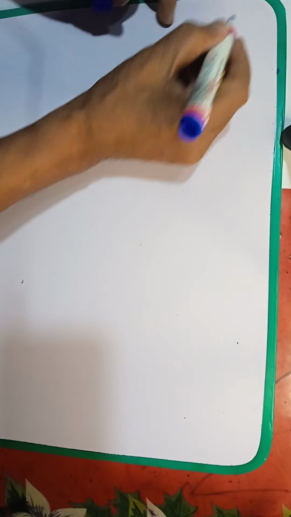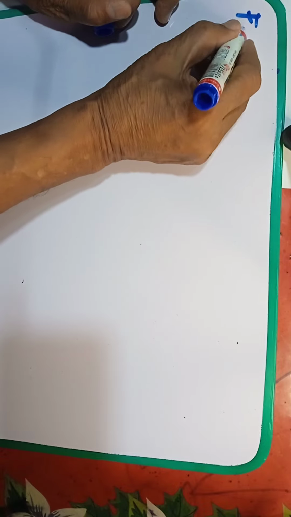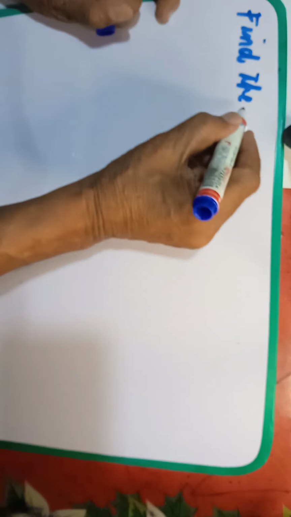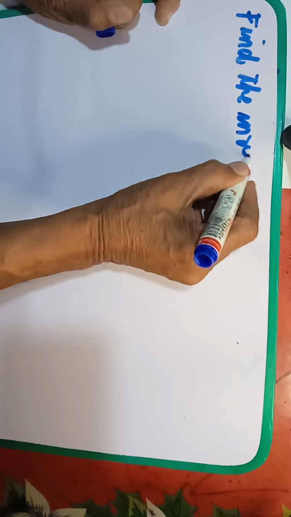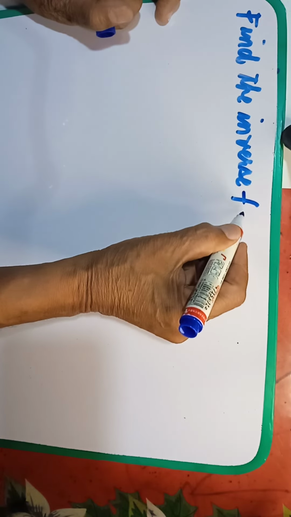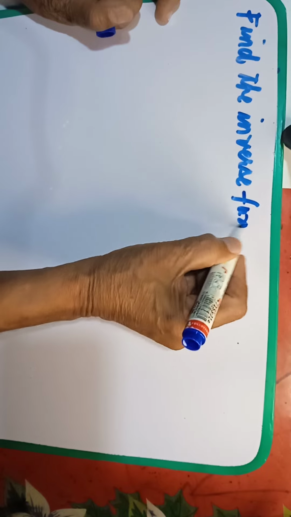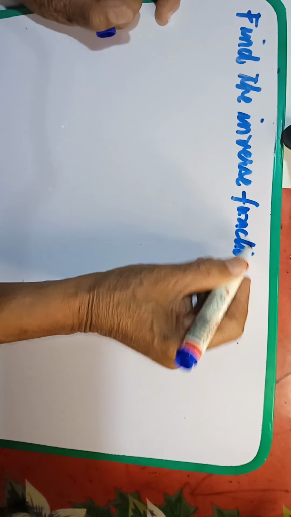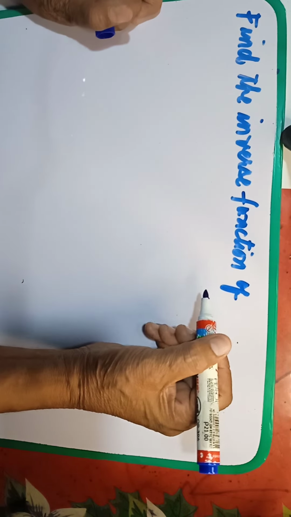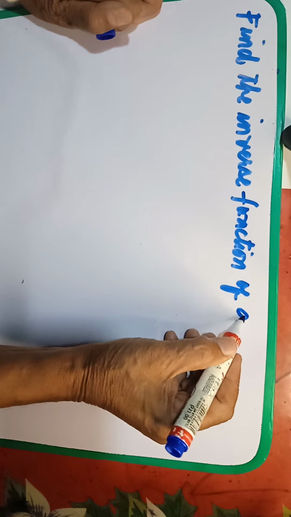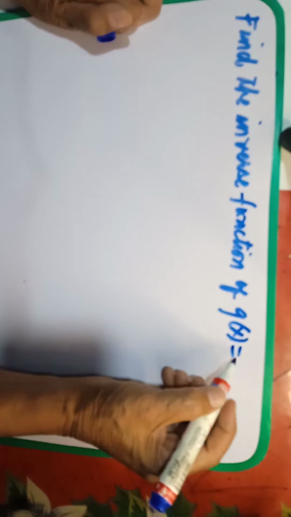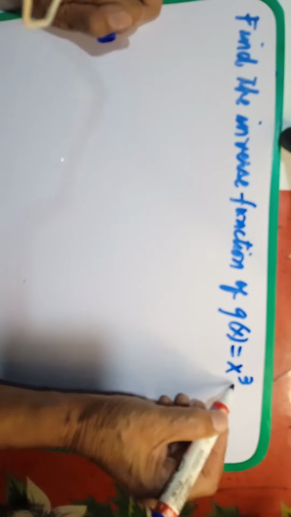Example: find the inverse function of g of x equals x cubed minus 3.